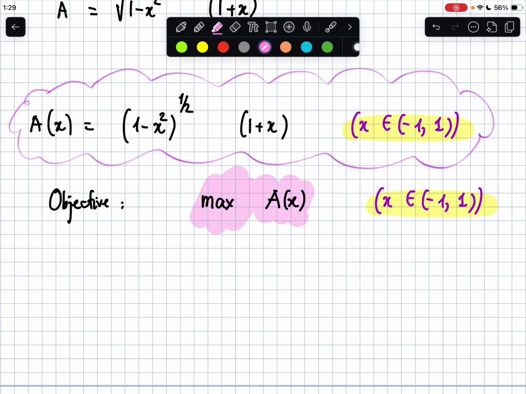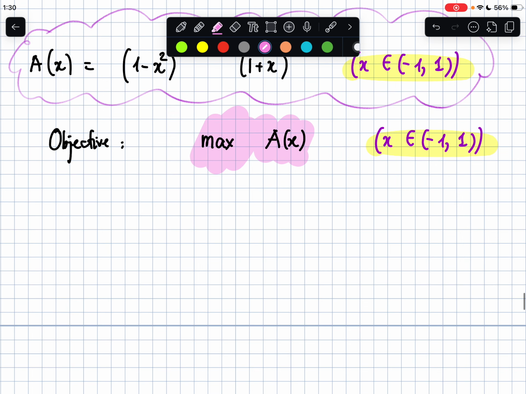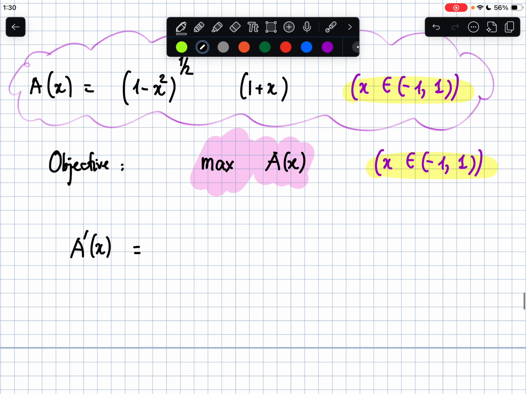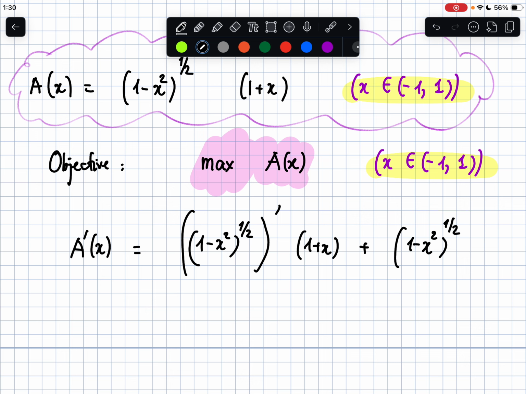Now we know the function, we know the interval, we can find the maximum of that function. Let's do that. A prime of x, I use the product rule. (1 minus x squared) to the 1/2, prime, times 1 plus x, plus (1 minus x squared) to the 1/2 times (1 plus x) prime.